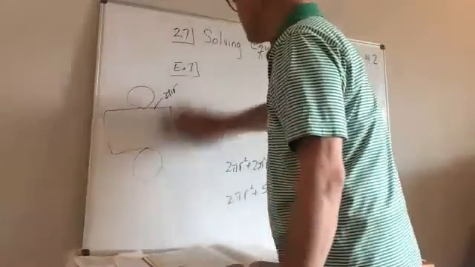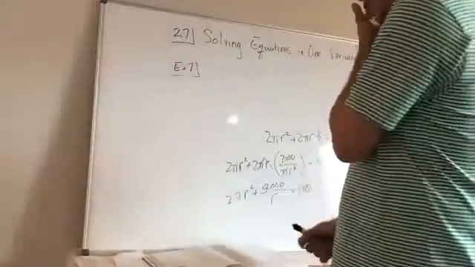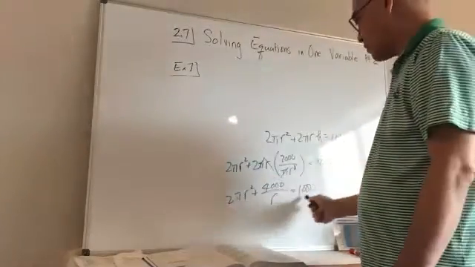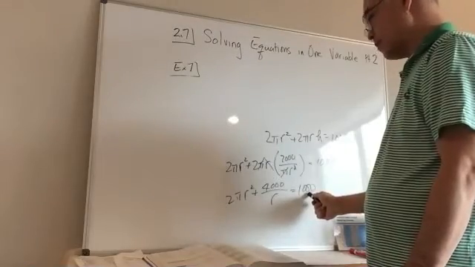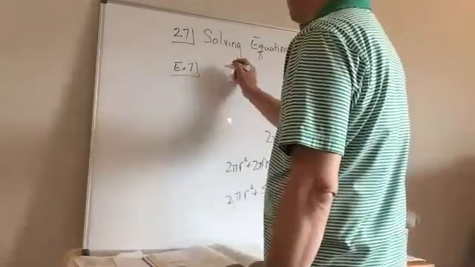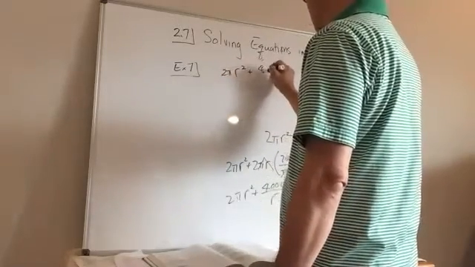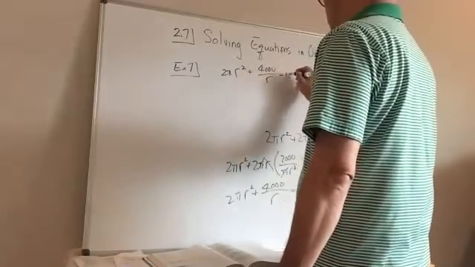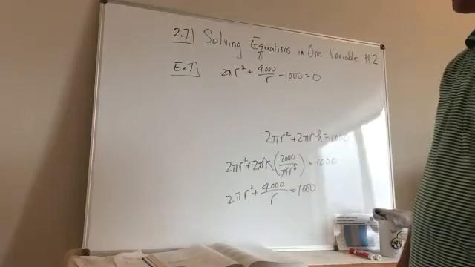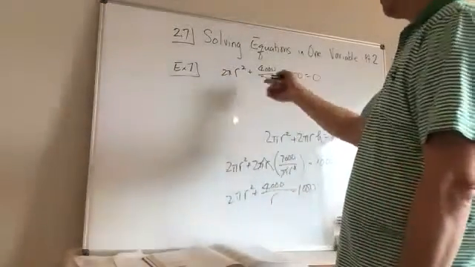So what we're going to do is, there are 2 ways to do this. You can plot this in your calculator and see where it hits 1,000, or you can move 1,000 over and set this equal to 0 and find out where this hits the x-axis, right?